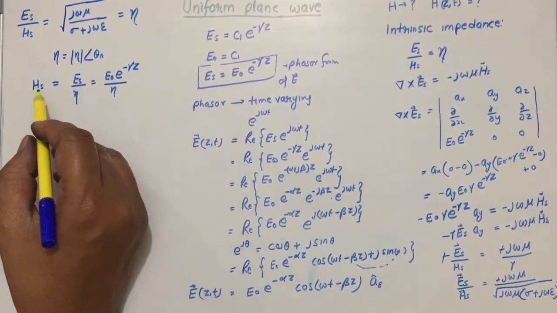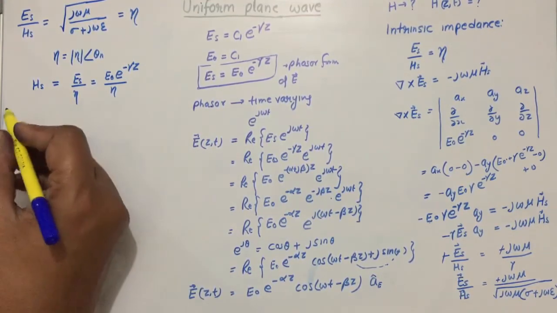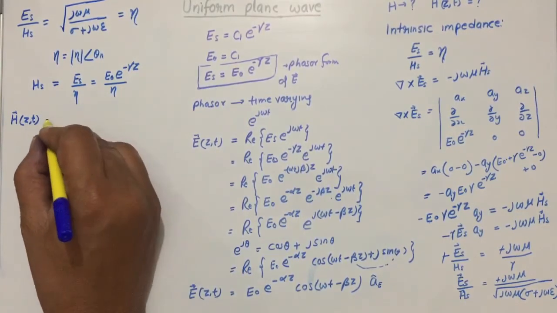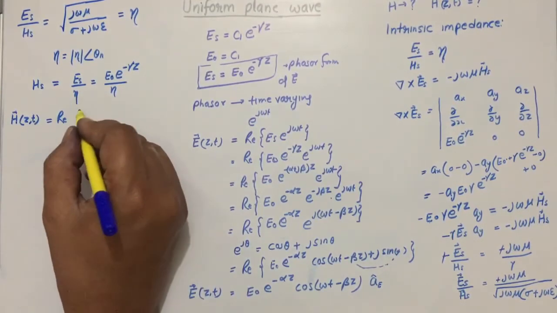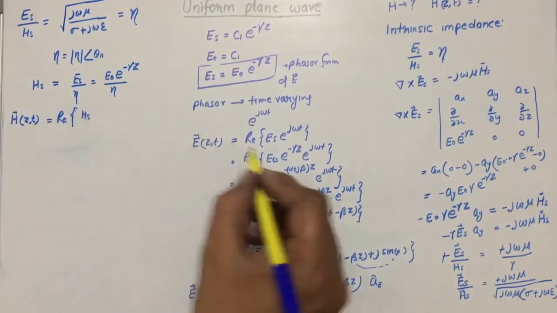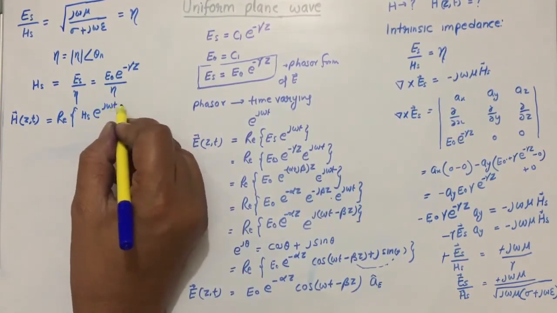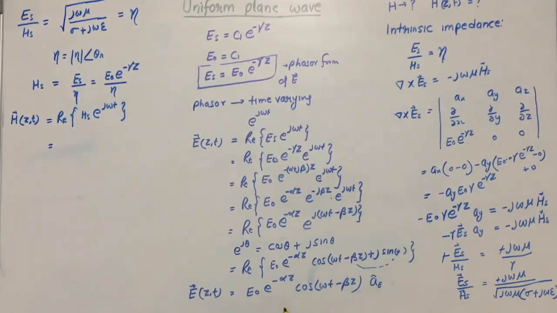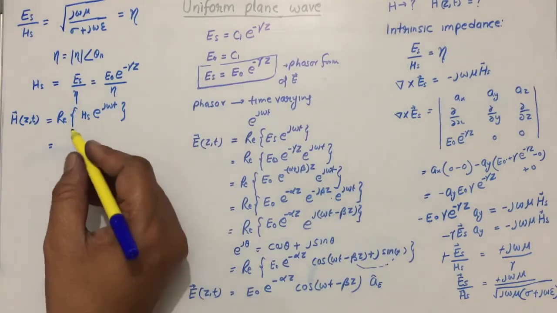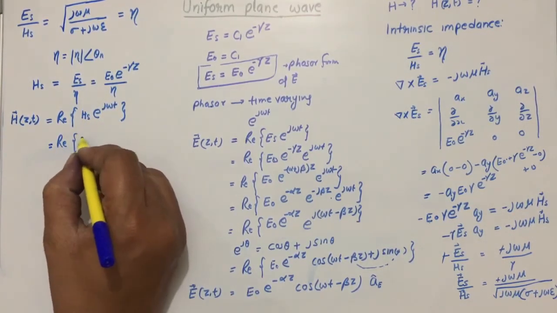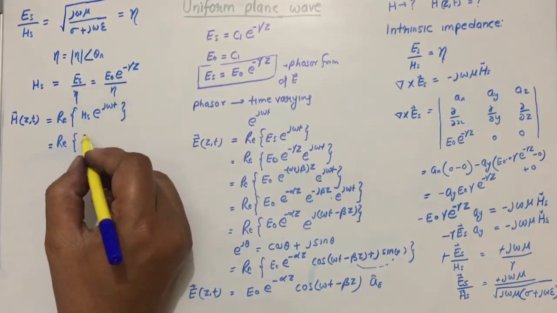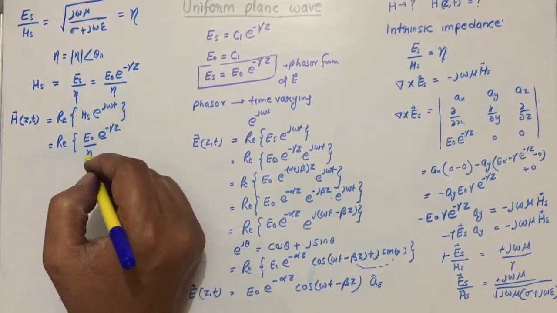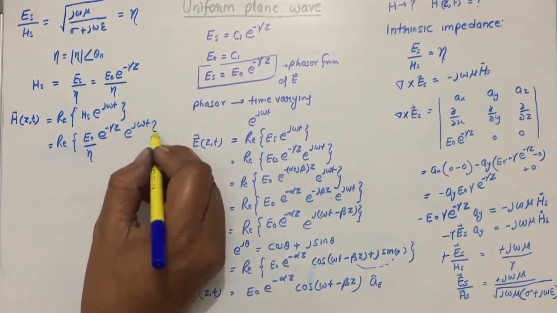Now, if we wish to convert this phasor form into time varying form, then H(z,t) will be the real part of Hs e to the power j omega t, which is the simple conversion in time varying fields. So we get the real part of E naught e to the power minus gamma z divided by the intrinsic impedance times e to the power j omega t.